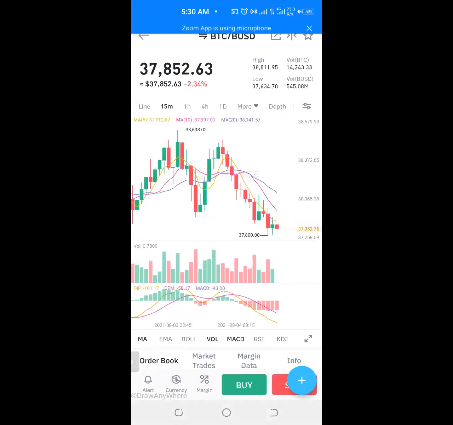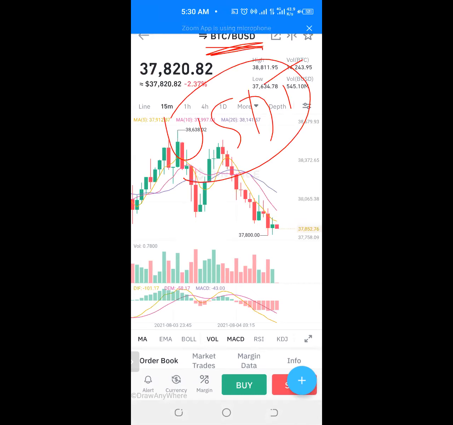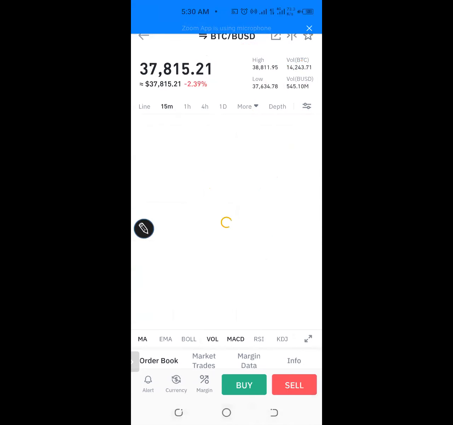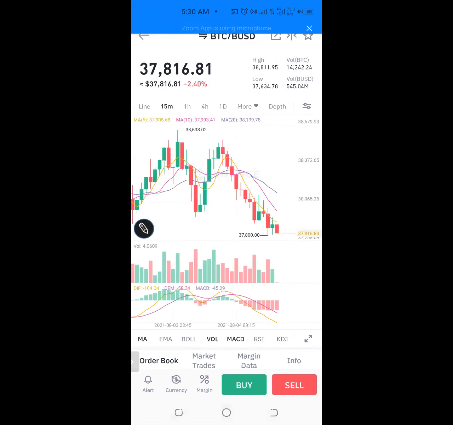If you have USDT as your balance, it will not go through because it's not paired to that. If you want to buy Bitcoin with BUSD while your balance is USDT, it will not work. But as long as you have a coin, you can sell that coin to get any other stable coin. So I could use USDT to buy a coin and sell that coin for any other coin.